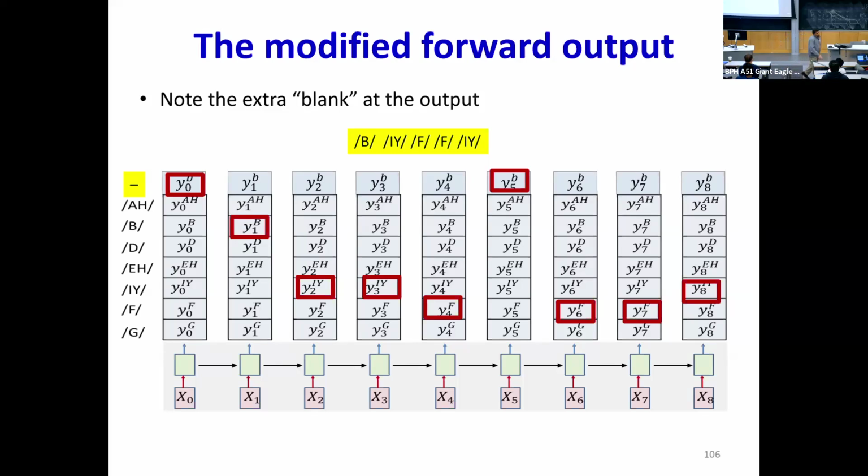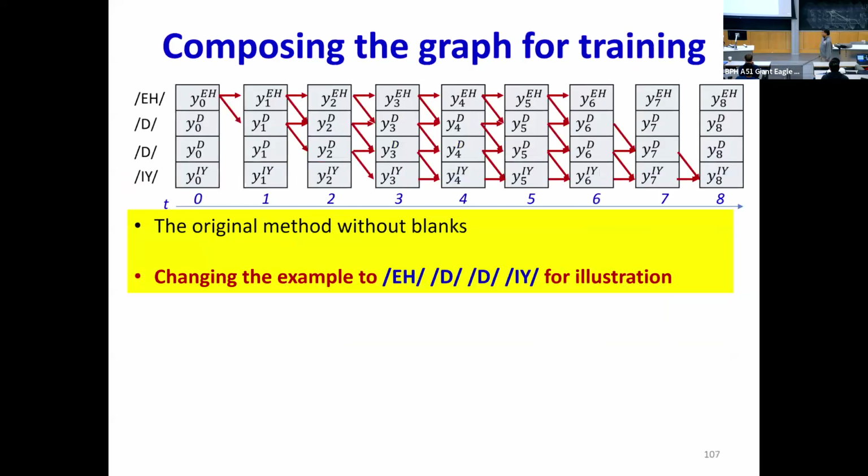So you have to somehow learn the model for the invisible symbols, even though they are not tagged in the data. And the way you do it is in how you compose the graph. Let's say I had this graph for the word eddy, E-D-D-Y. If I'd done it the way we'd done it before, this was the graph we got, but this has a problem. It's ambiguous. I don't know whether it's two Ds or a single D, right?